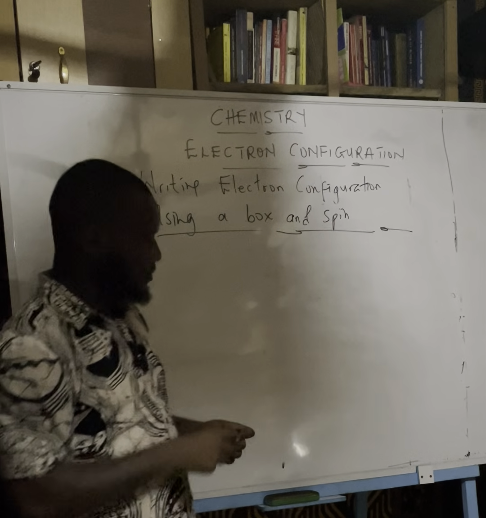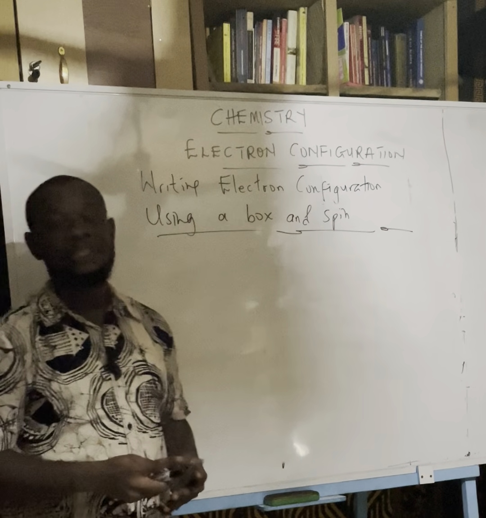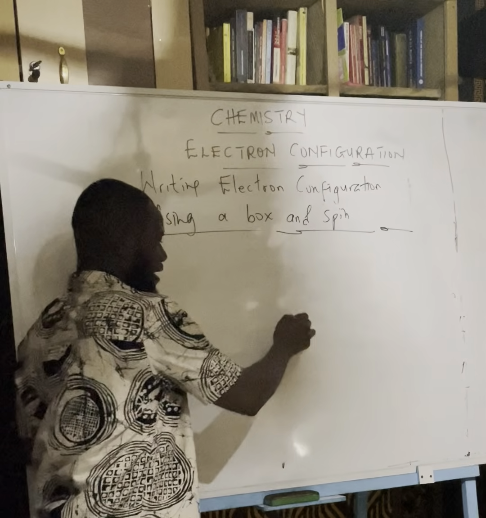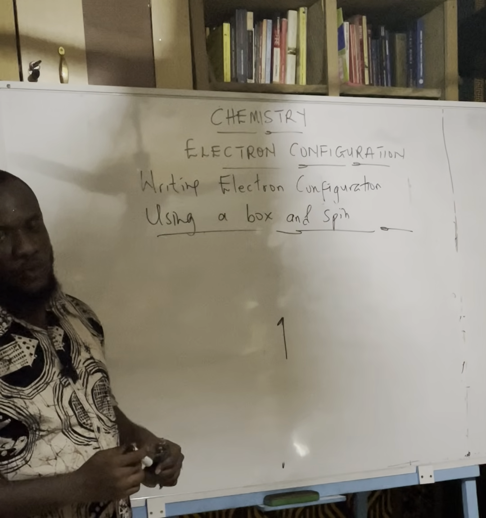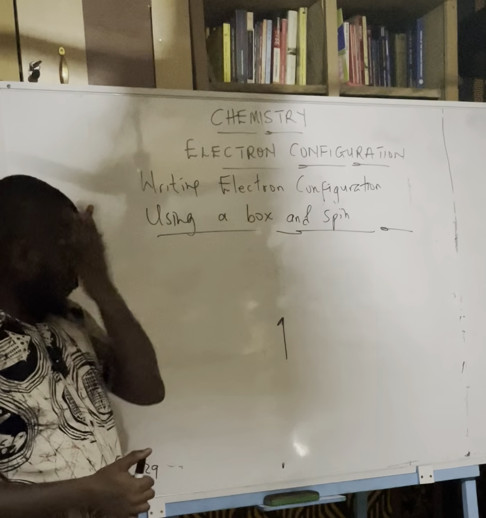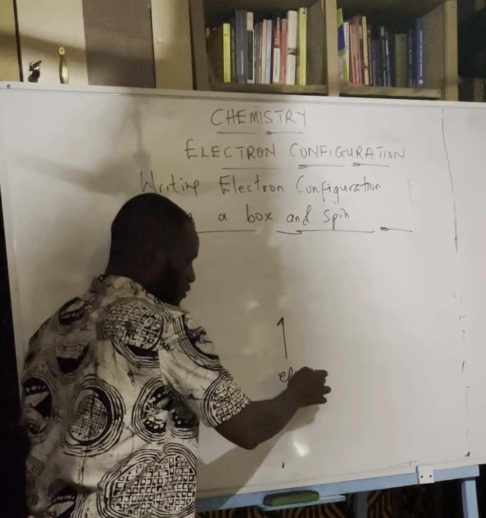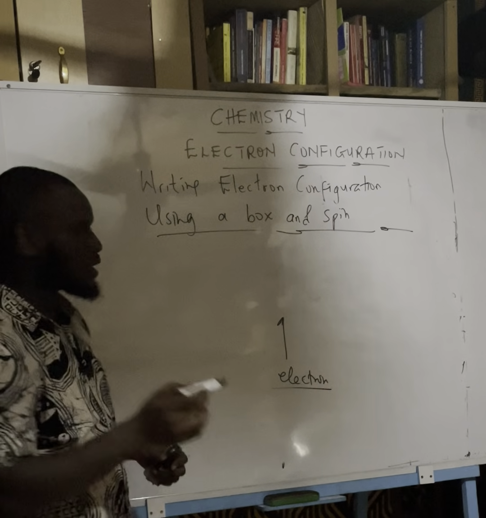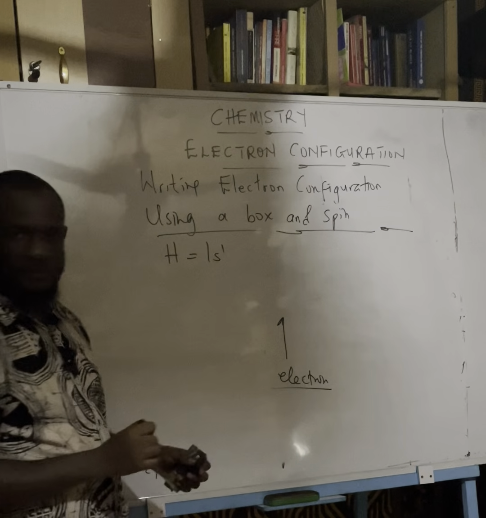Okay. Now, we also have another way of writing the electron configuration using a box and a spin. So in chemistry, we use box and spins to write electron configuration. And the spin is an arrow like this, a one-sided arrow. So what we are saying is that this represents an electron. So quickly we write hydrogen as 1s1.